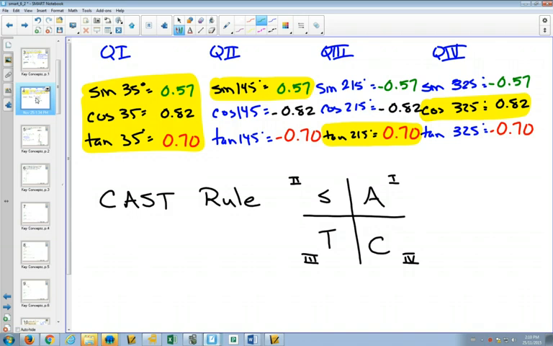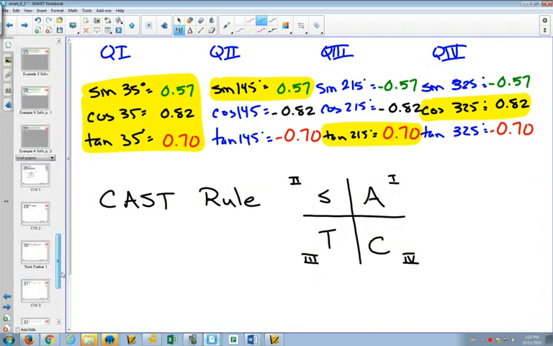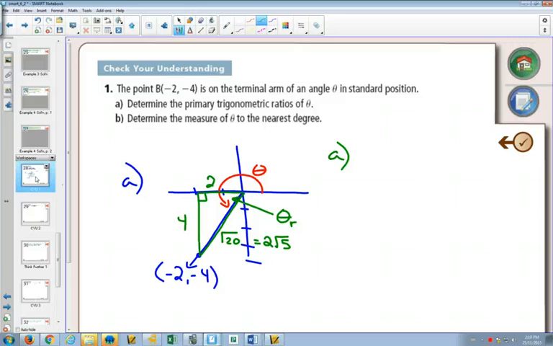So we can do sine, cos, and tan of this triangle that we've made, and then just apply our CAST rule to figure out if it's going to be positive or negative. So let's go. We're going to figure out sine of theta, cos of theta, and tan of theta.